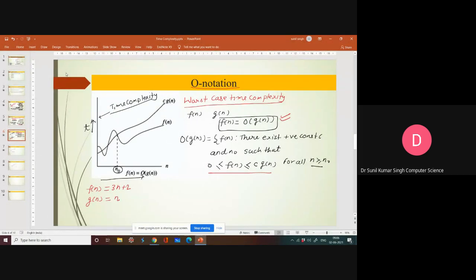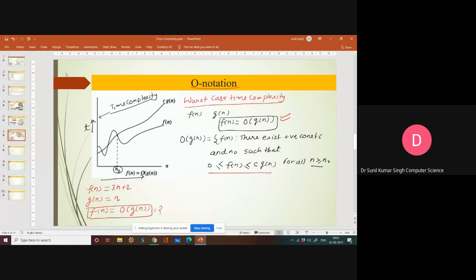Check whether we can write f(n) is equal to big O of g(n) or not. Of course, if we are able to write it, then find out the values of c and n naught.